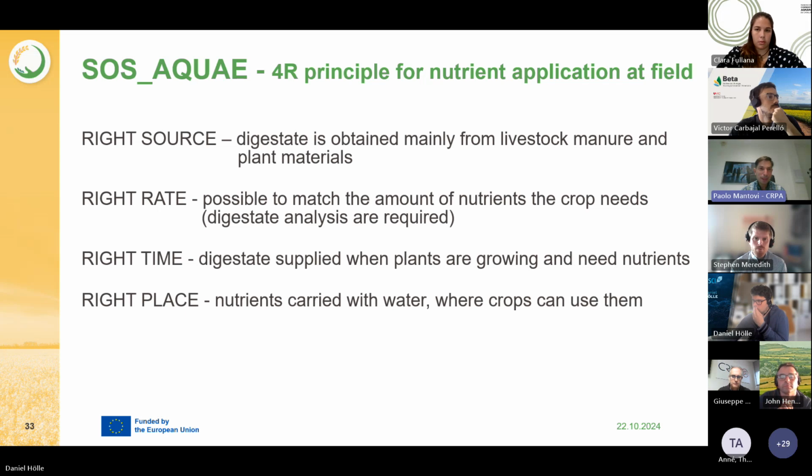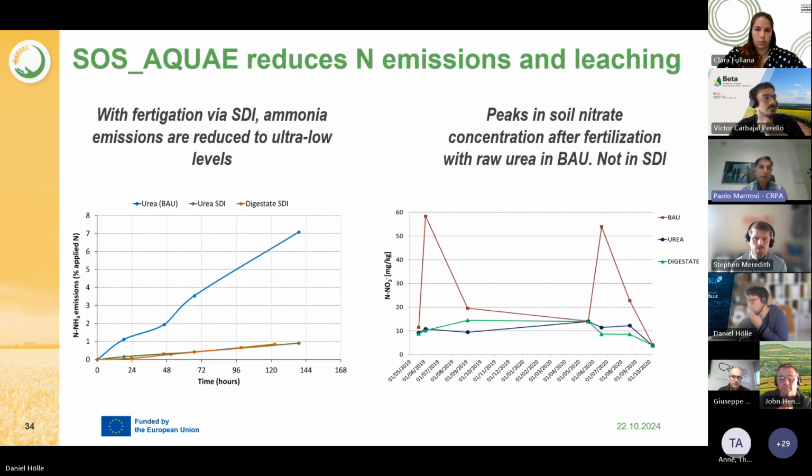Next, please. We measured both ammonia emissions that were reduced to what we call ultra low levels, because the ammonia emissions in the drip line system were reduced at a percentage of less than 1% of the applied nitrogen. And we measured also soil nitrate concentration in soil.